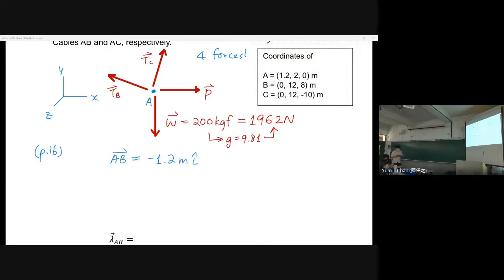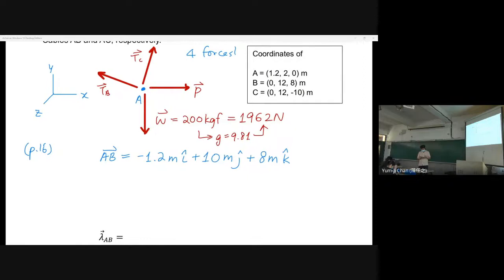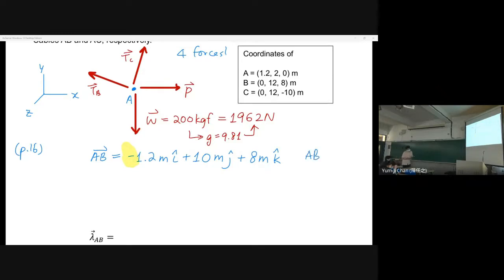And in the y direction, we go from 2 to 12, so we have 10 meter J. And in the z direction, we have 8 meter K. Remember, if it is negative, write it down as negative. And the length of AB is 12.86 meter.